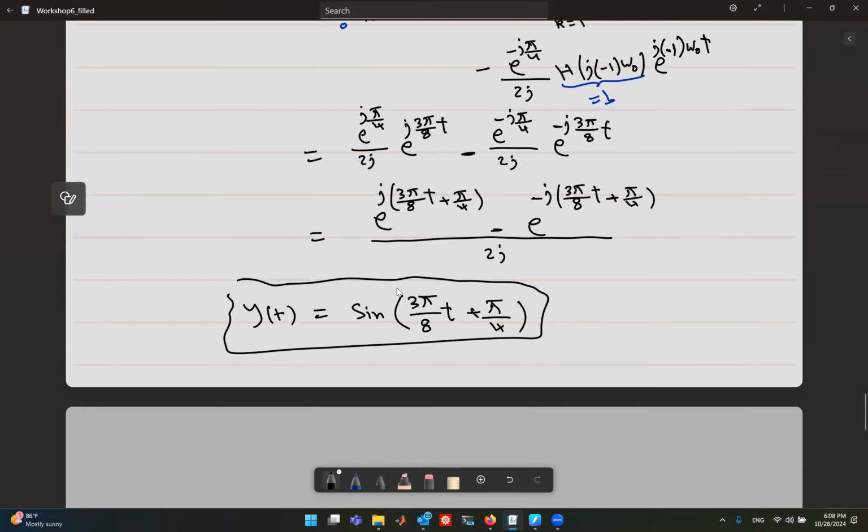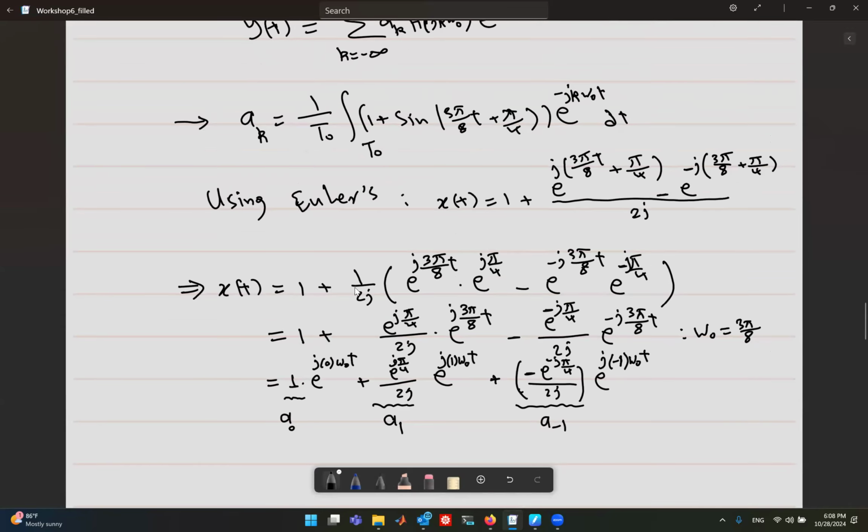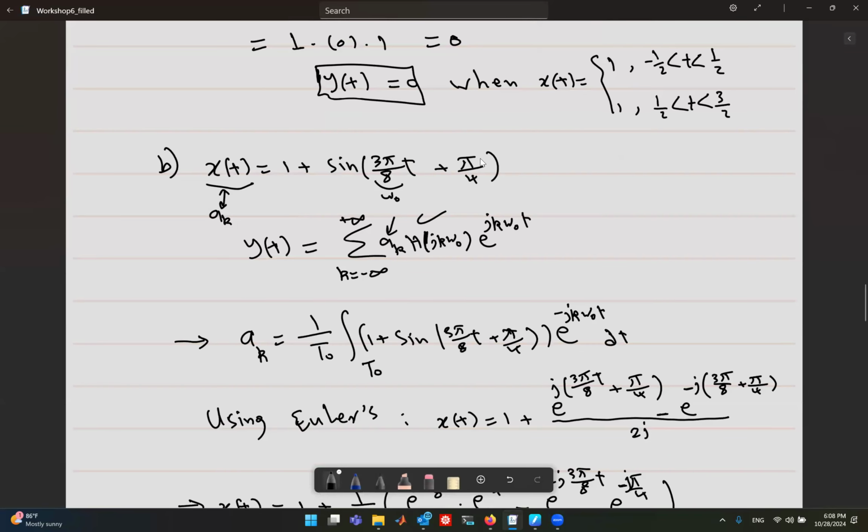So the input signal was 1 plus this sinusoidal signal. If we plot it, this is the 0 and this is 1, and the signal is something like this.